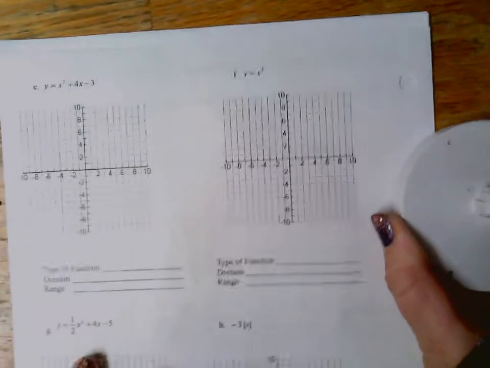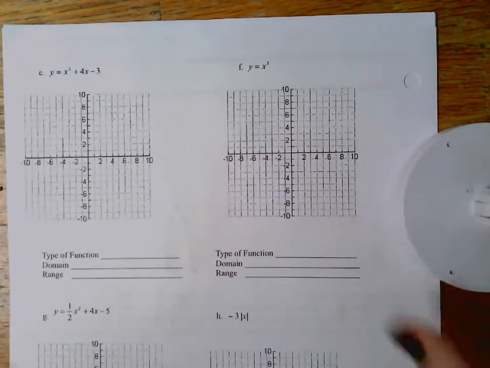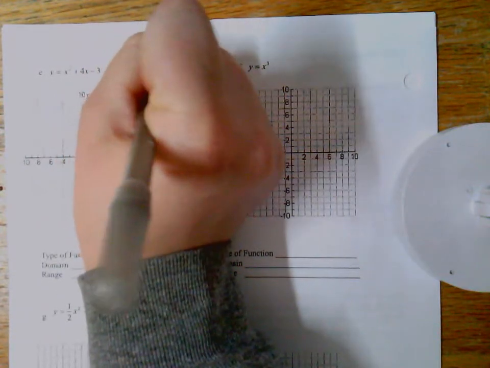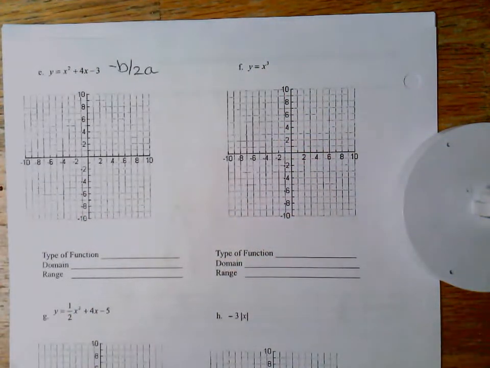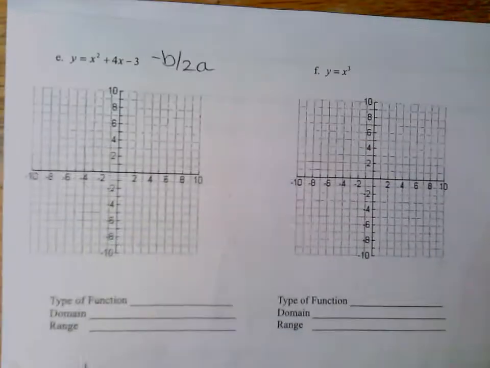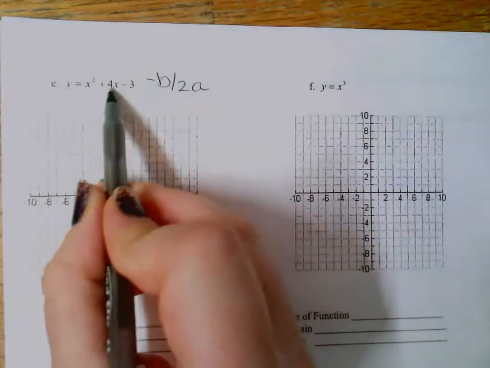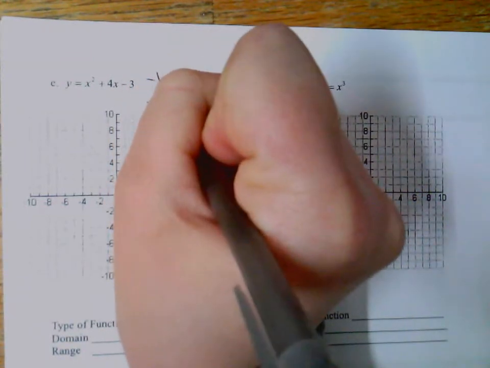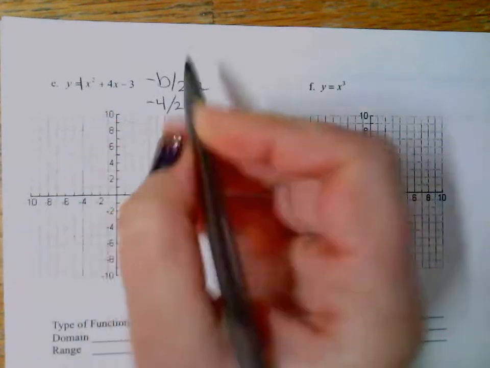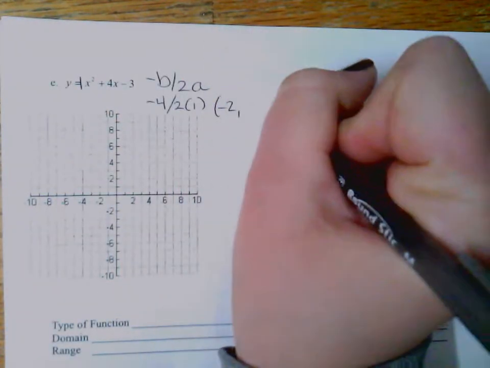Example E. This graph is in standard form. The formula that you need to remember is -b over 2a in order to find the vertex. And so I'm going to take -4 and divide by 2 times 1, because that a value is 1. -4 divided by 2 is -2.